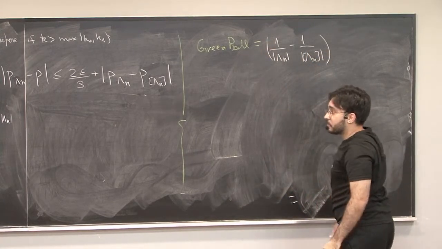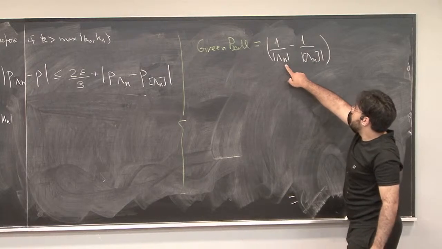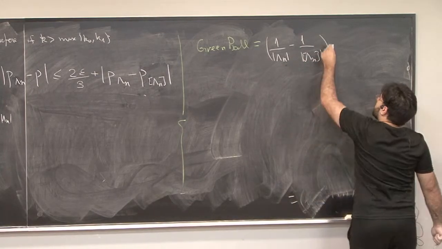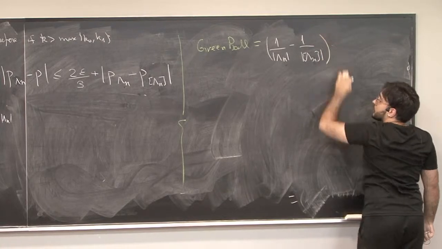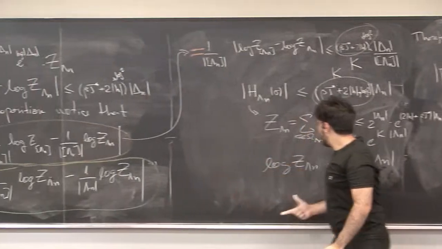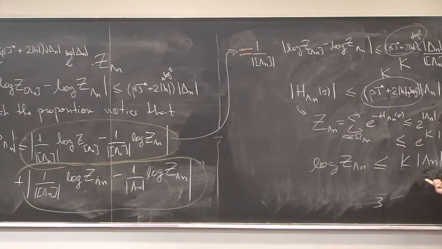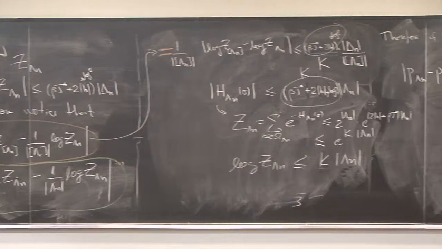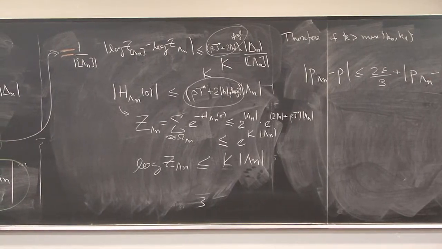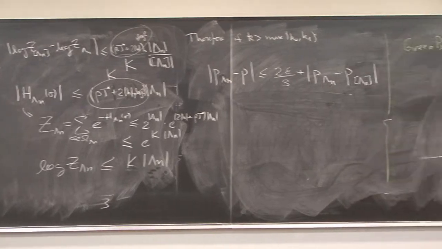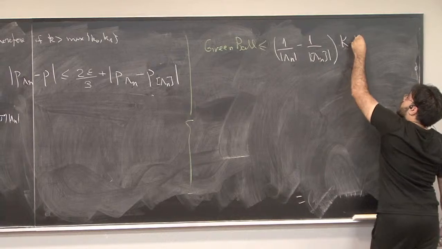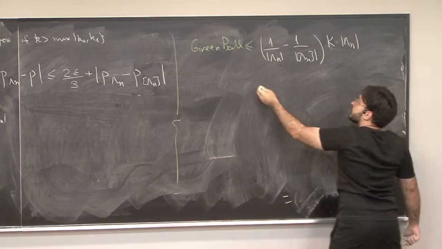Because this is the absolute value, and this set is contained in this one, so this term right here is positive, times the logarithm of the partition function that we just derived the bound for right here. So we can actually have that the green ball over there is less than this times big K times lambda n.